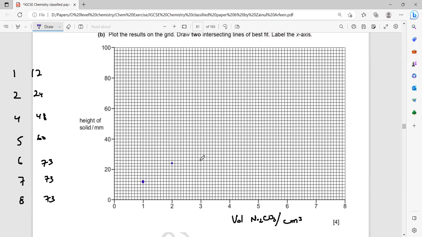3 and 48. So this one is 3, 42, 4, 6, and 8. So this is 48. Then 5 and 60.